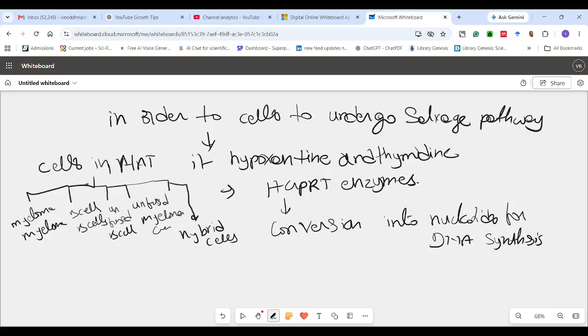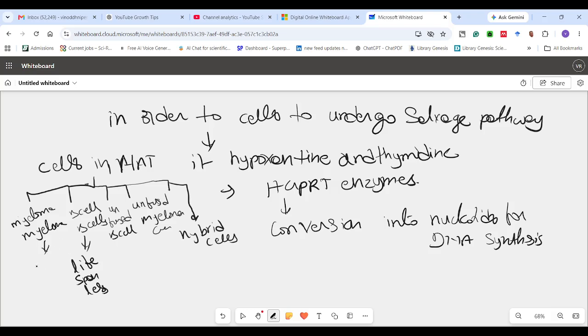Usually the B cell's lifespan is very short, and that's the reason we combine it with myeloma cells. B cells die fast.